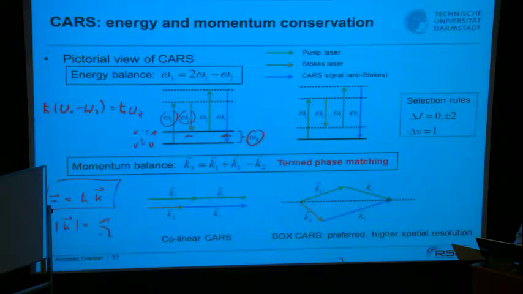Of course, you cannot prevent that another process takes place as well, but with less probability, where you make a frequency addition to a state which is not allowed, from which you have a relaxation maybe down to that one. Let's say a 2-photon excitation to a virtual state which is not allowed, from which it relaxes down to an allowed state. That will happen, but this probability is so much lower than this where you end up in an allowed state.